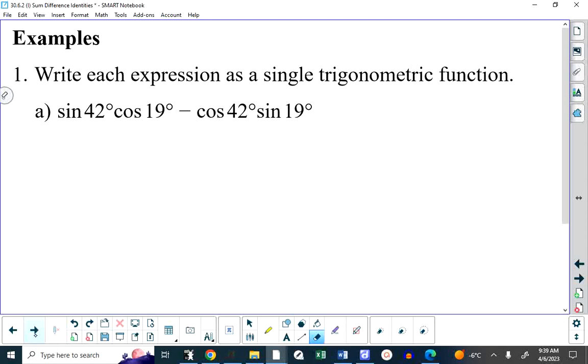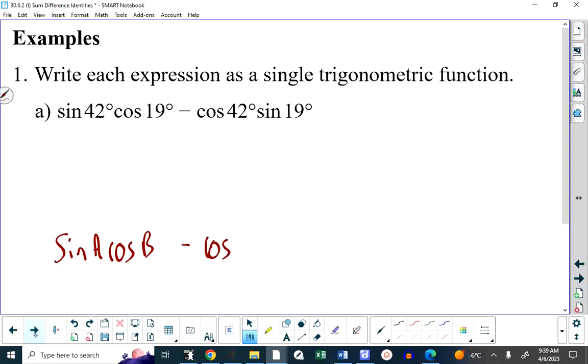And you should recognize that the identity that does that is sine of A cos of B minus cos of A sine of B is equal to sine of A minus B. I will flip back and forth between using the letters of the regular alphabet, A and B, and using alpha and beta. But that's the identity, correct? It matches?